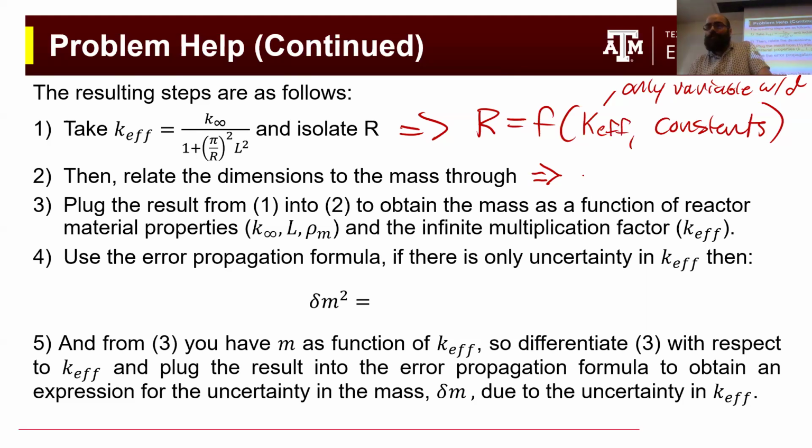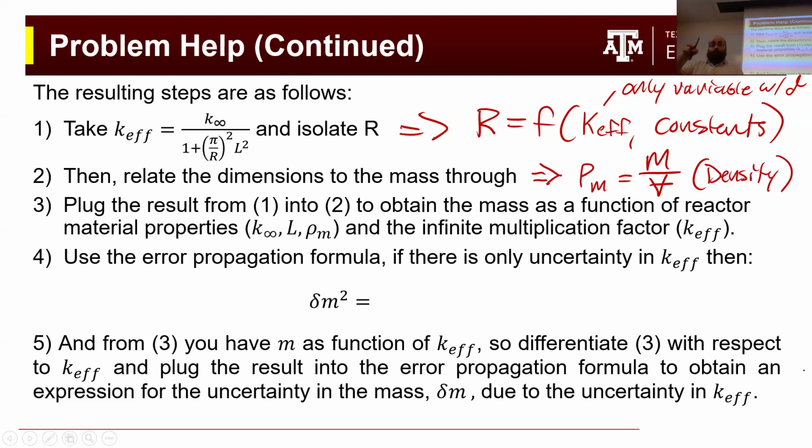So you would say that the density of my object is its mass divided by its volume, where this rho sub m is the density. You can get the volume because you know it's a sphere, so it would be 4/3 pi r cubed. And then you treat the density as another constant.